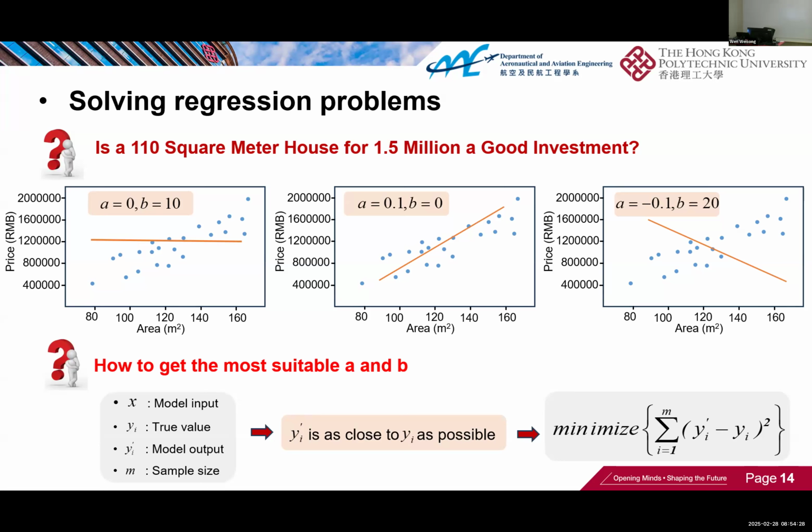The second one is much better. If A equals 0.1 and B equals 0, for the last one, it is not a good fitting either, because the distance from the points to the line is much larger compared with the middle figure.